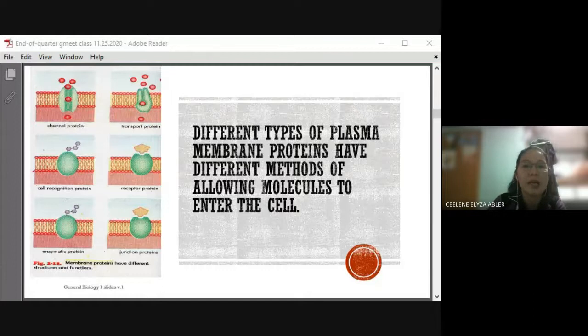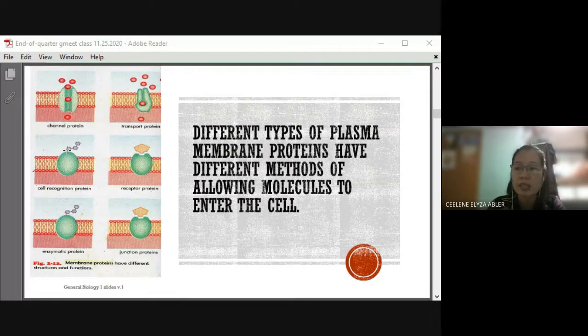Transport or carrier proteins also let in positively or negatively charged particles. Another is the cell recognition protein. These three hexagonal structures are carbohydrates. Remember earlier I mentioned the coronavirus. The coronavirus actually uses the ACE2 receptor. ACE stands for angiotensin converting enzyme, that's why it's ACE2.